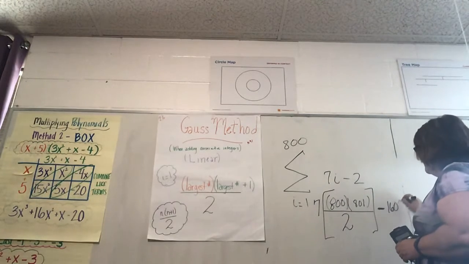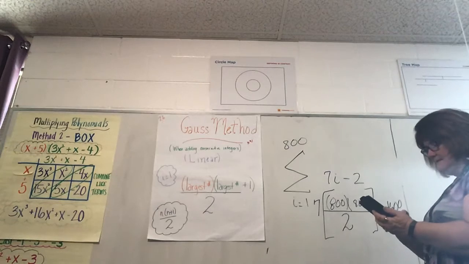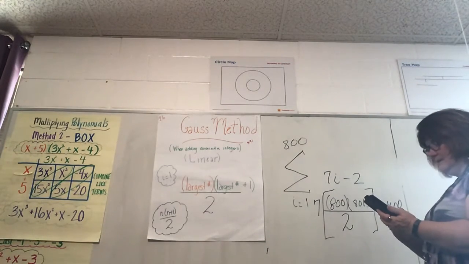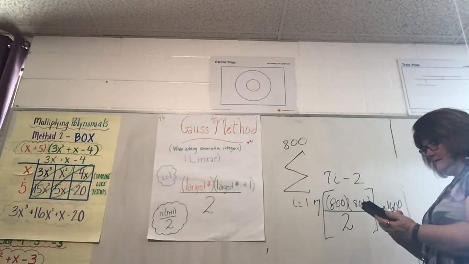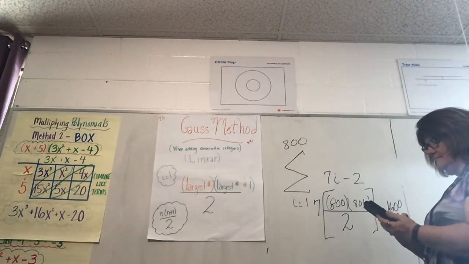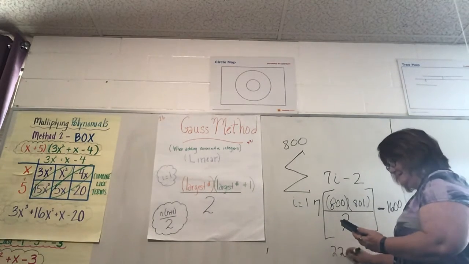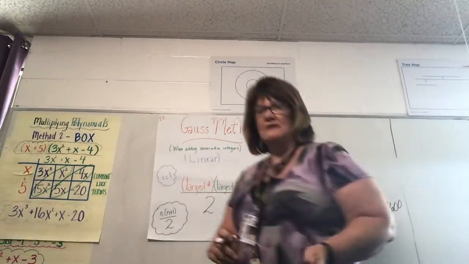I'm going to punch that in real quick. It's so fast. 800 times 801 divided by 2, and then times 7, minus 1600. And you get a huge number. You're so thankful that you've got a calculator and that you can use Gauss.